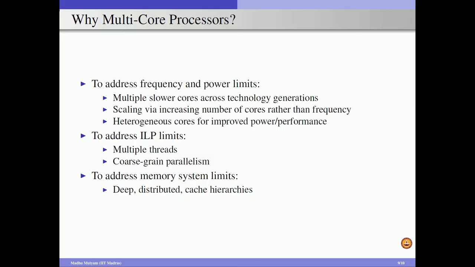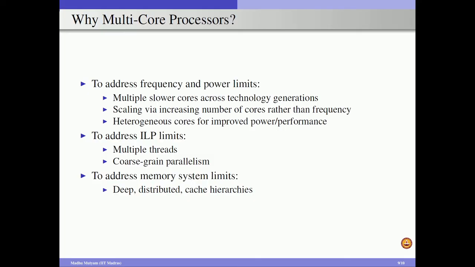Effectively, we can consider shared distributed cache across all the cores, and also multiple levels of cache hierarchy. So, rather than one level or two levels, we can consider 3 levels. Even current designs are targeting a 4 level cache hierarchy.